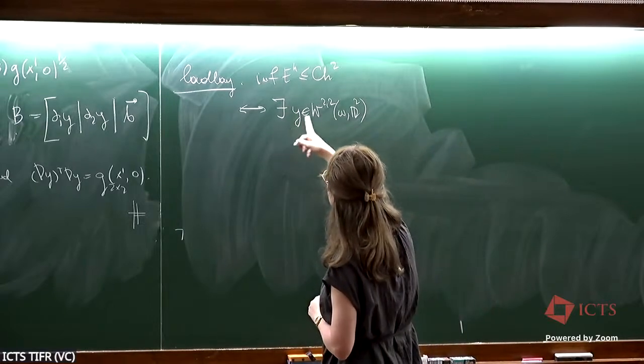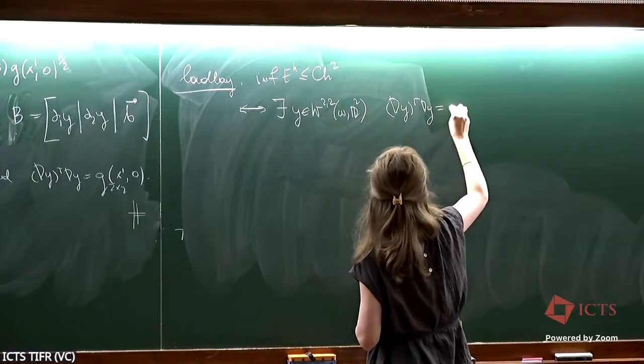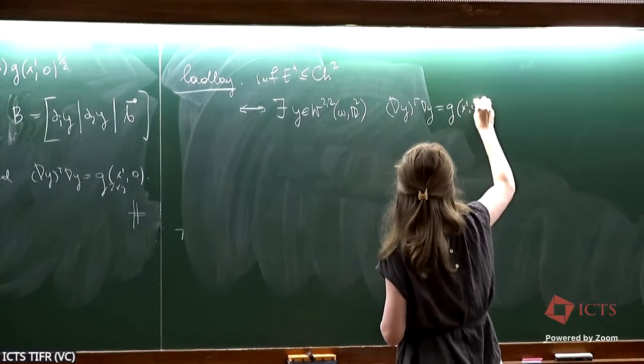That is, there exists Y in W22 such that gradient Y transpose gradient Y equals G at X prime, 0.